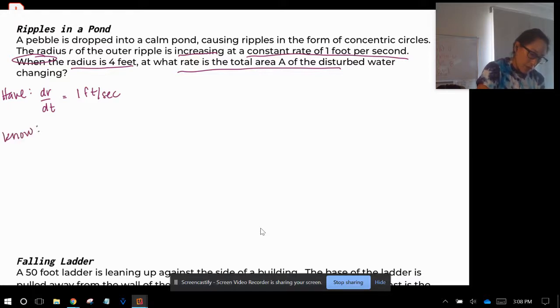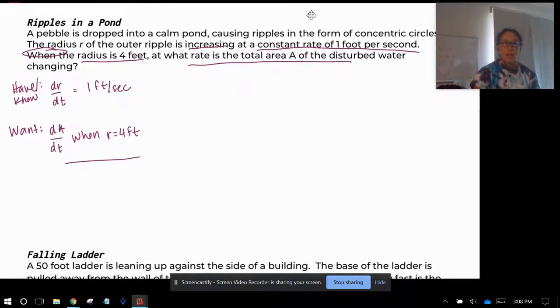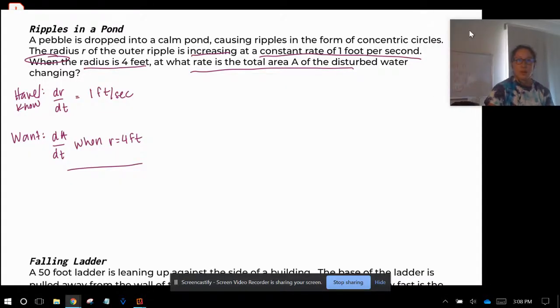I want the derivative of the area, so the change in area with respect to time, when the radius is equal to 4 feet. Okay, so this information, this 4 feet, is like a save for later when I have more of the derivative figured out.